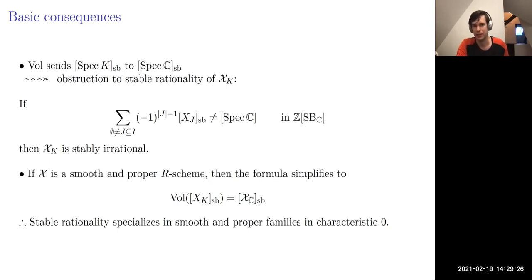Then we're looking at more strata, and we have more potential to relate these strata to lower dimensional examples. So our takeaway here is this formula. If this alternating sum is different from a point, we're happy.